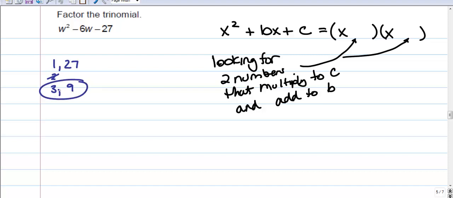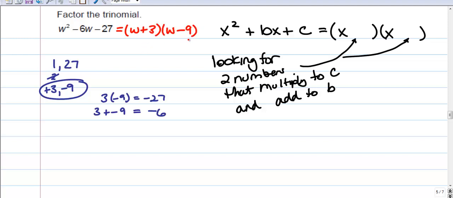But 3 and 9, if I make this negative and this positive, those two numbers will multiply to negative 27, right? So 3 times negative 9 equals negative 27, and they will add to negative 6. And so my answer here is just going to be (x + 3)(x - 9). The order here doesn't matter. I could either write plus 3 first or minus 9 first. But that's it.